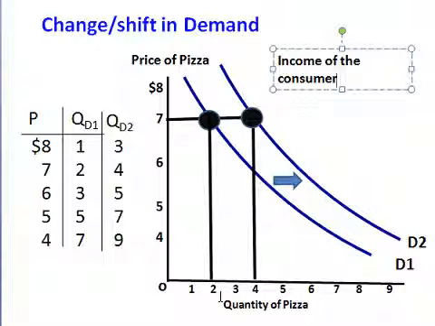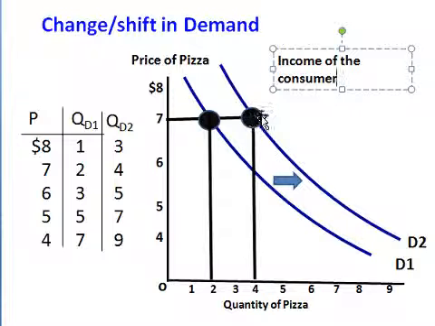Now suppose the income of this consumer goes up, meaning that he can buy more pizza now. As a result, the entire demand curve for pizza shifts right, and it will come here.